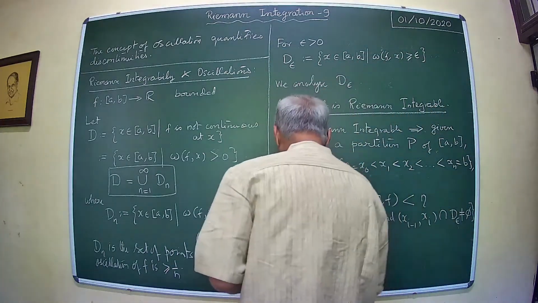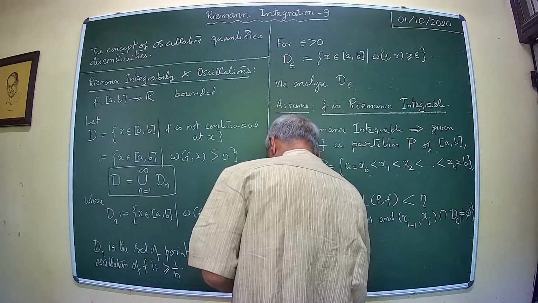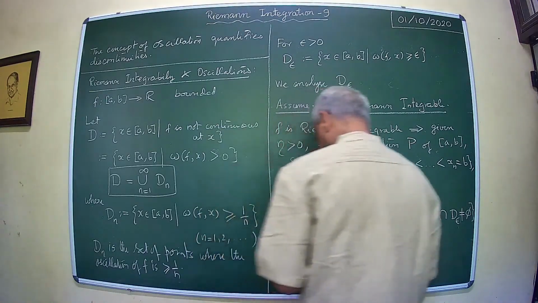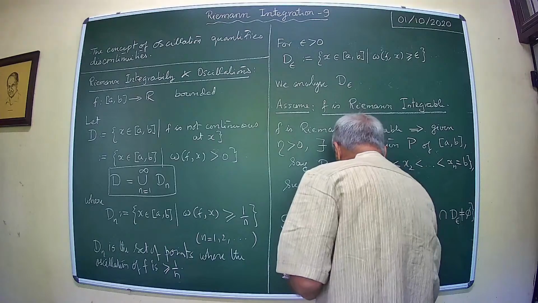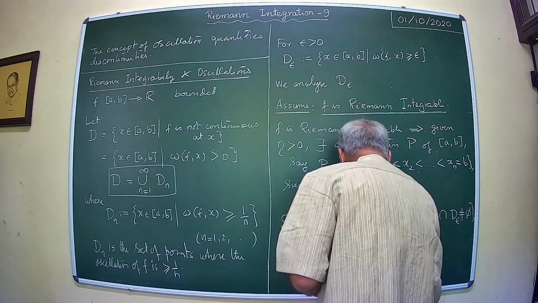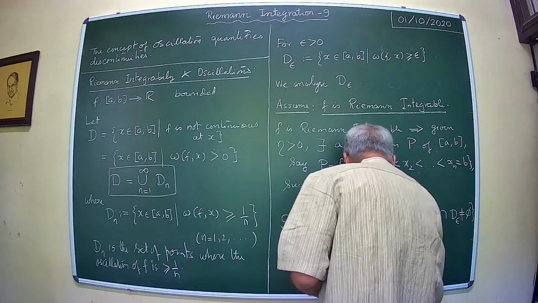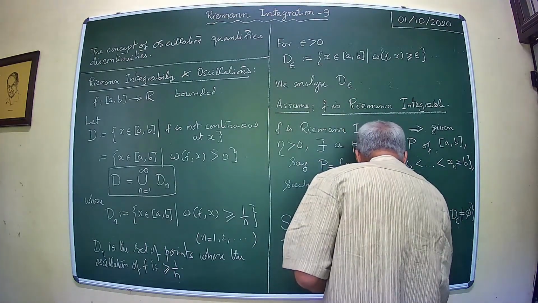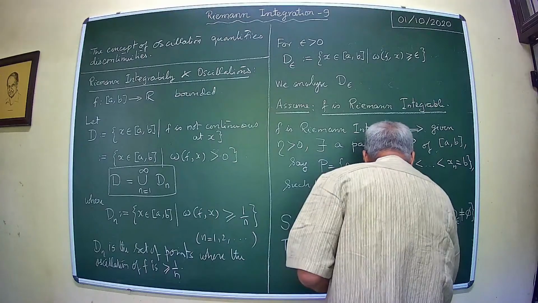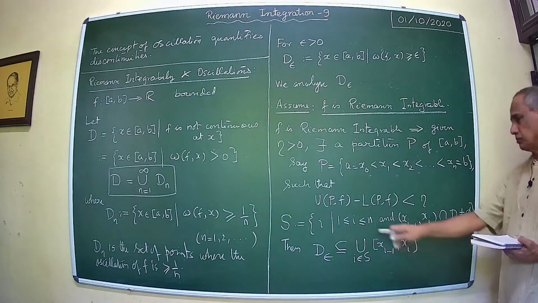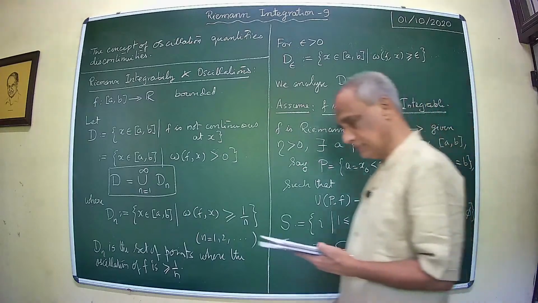Therefore, you observe that D epsilon is contained in the union over i belonging to S of (x_{i-1}, x_i). This is quite trivial from the definition.